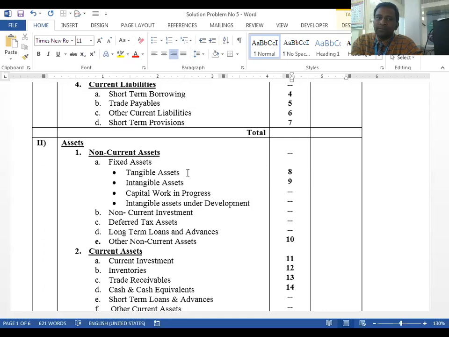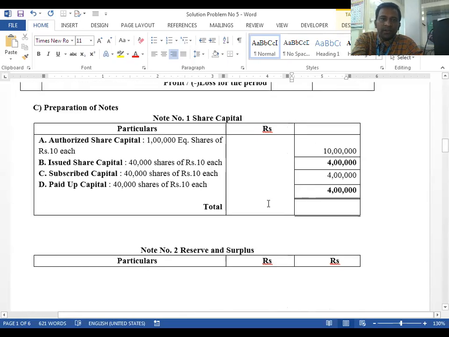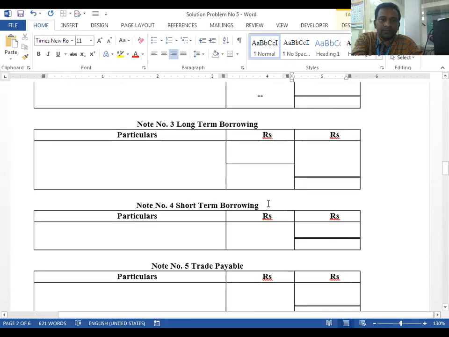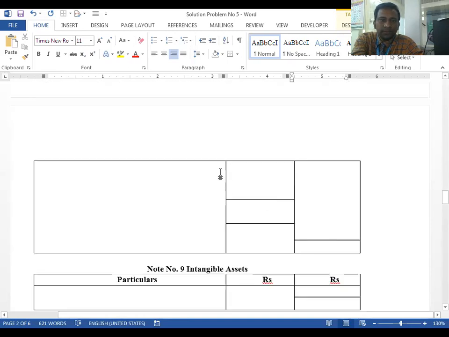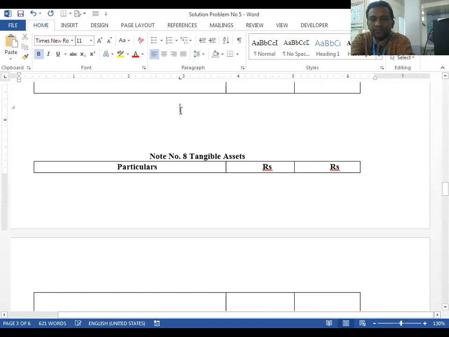There are various examples of intangible assets like goodwill, trademark, copyright, patents. So tangible assets have separate notes, that is notes number 8, tangible asset.